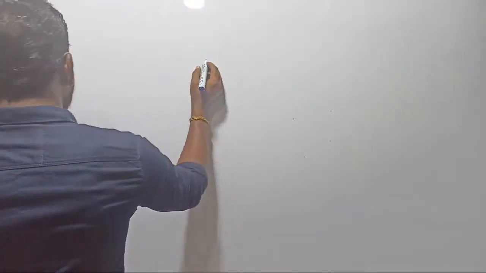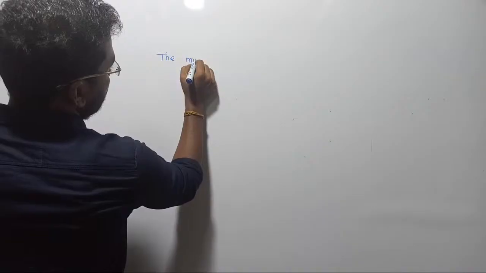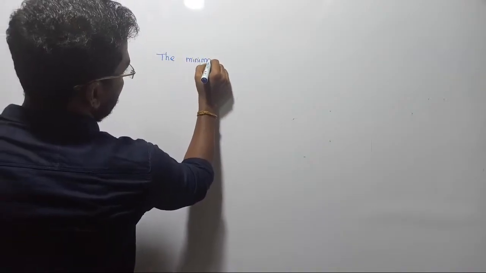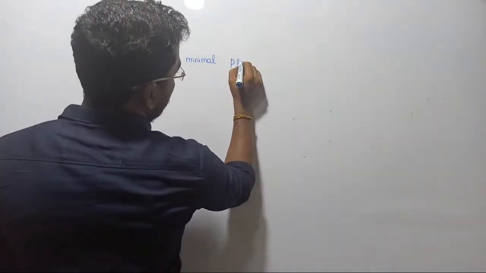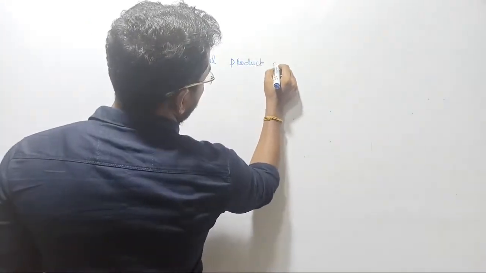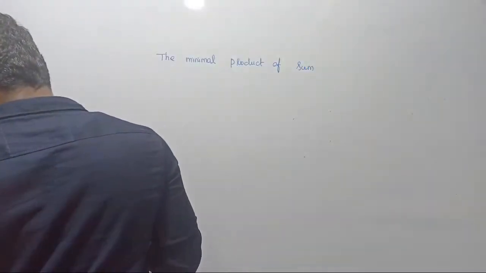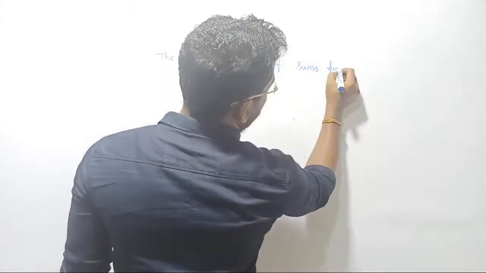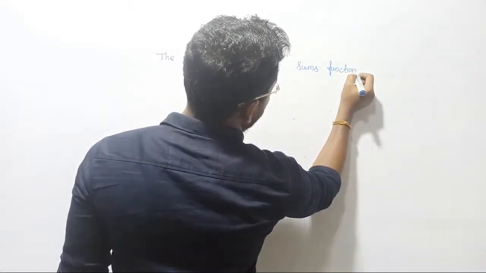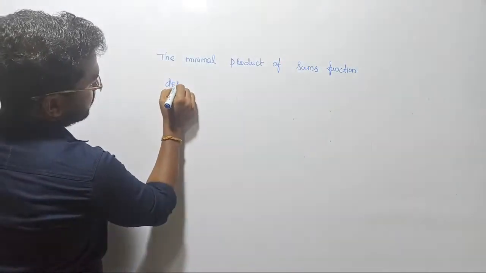Let's see the minimal product of some function. The question is the minimal product of sums function described by the K-map, right?